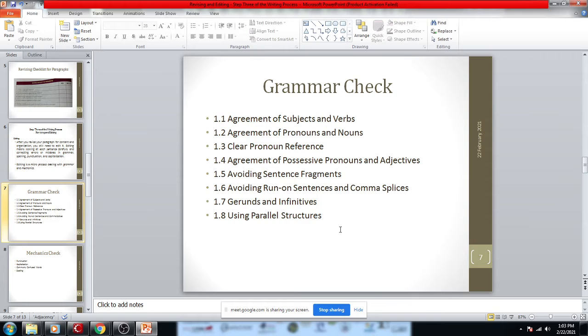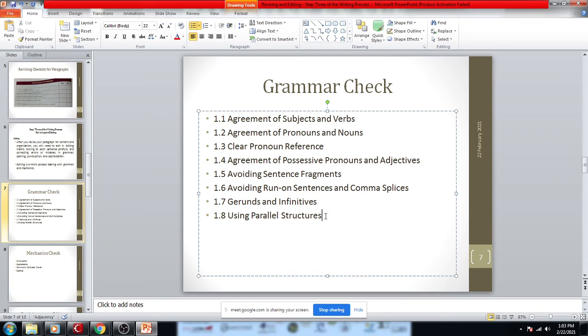More specifically, we look at these issues that we have gone through today, but please consult the textbook, and even if you need, you can refer to a grammar book to look at these issues in which you may make mistakes.